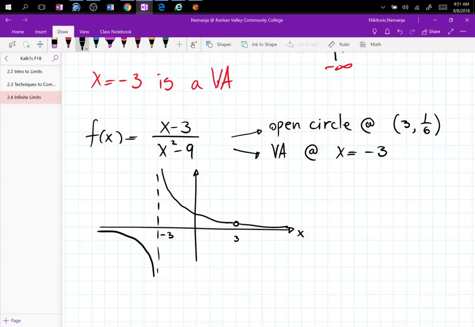So if you graph this on your TI-83 or 84 or whatever you have, and you keep your window at 10, 10, 10, 10, this is what you're going to see.